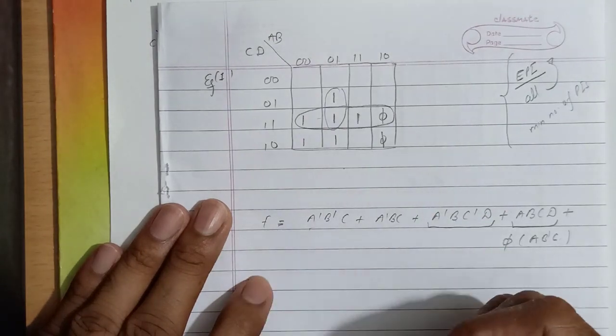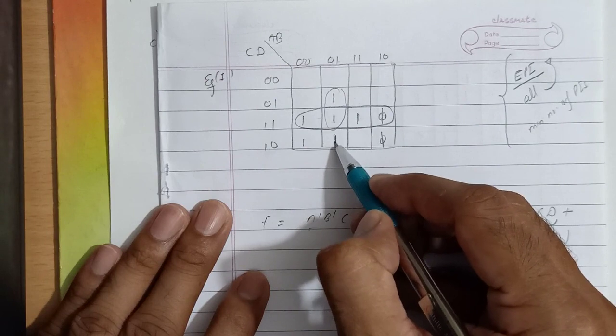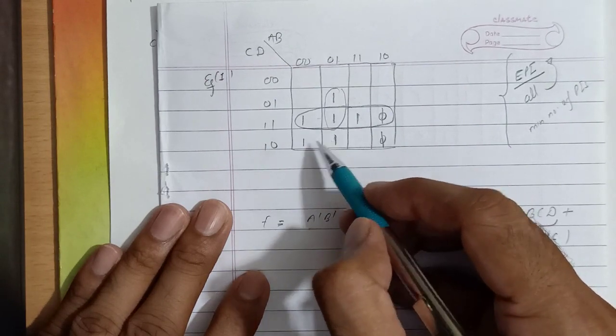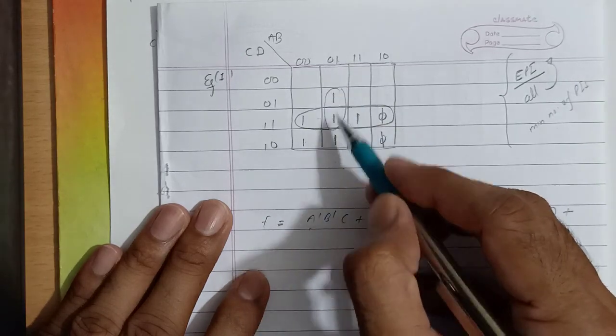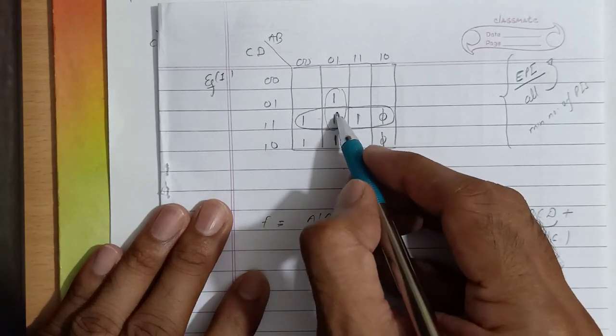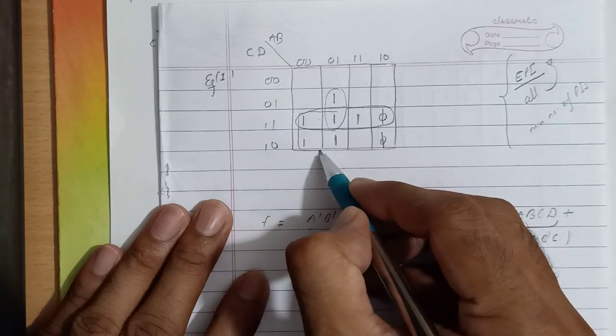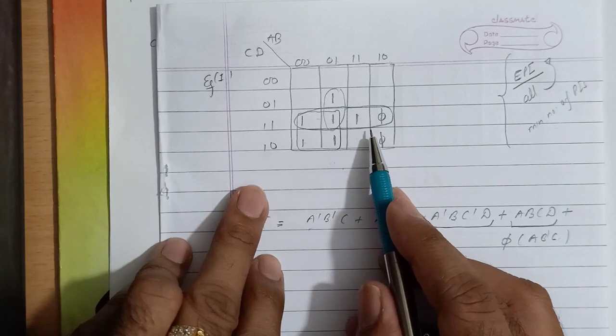Okay, for the remaining ones, what do we have to do? Firstly, we should check for this one. This is the neighbor, this is the neighbor, this and this position, that means here. So only 2 neighbors, and these 2 neighbors can also be covered by a single term. Okay, so now all the ones are covered.